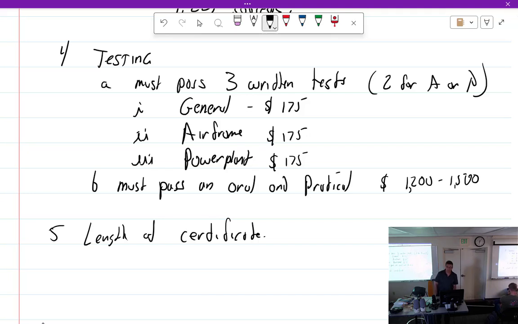Okay. You have to go to what's called a DME, Designated Mechanic Examiner. I was a DME for many years. It's a tiring job. You're a designee of the FAA. So you go to the FAA and they say, okay, you, Kevin, as an AMP, are a good, outstanding citizen, and we trust you to give the test in accordance with the parameters we've set forth.